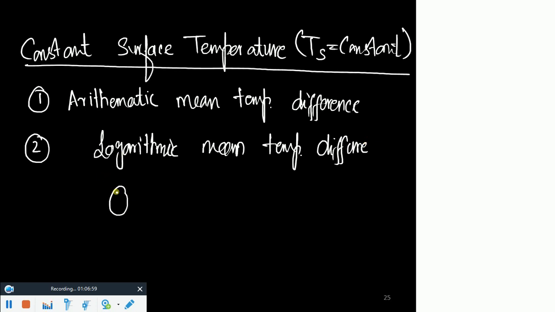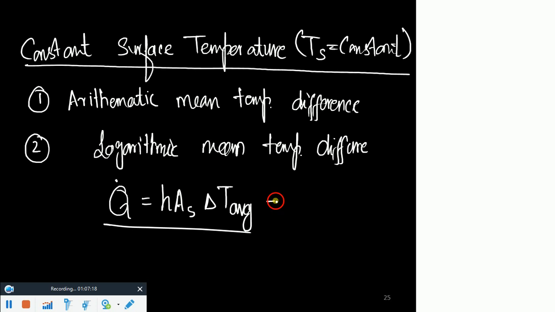So if I write down q dot, I would say that this is equal to hAs delta T average. On average, what is the delta T inside the pipe? I can say that. And by the way, what is this thing?